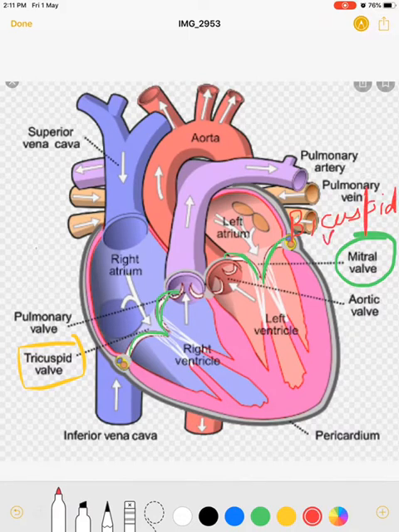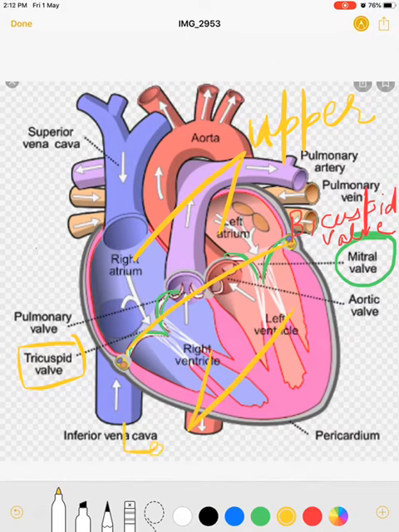These valves separate the upper portion of the heart from the lower. Okay, so upper portion of the heart and lower portion of the heart.